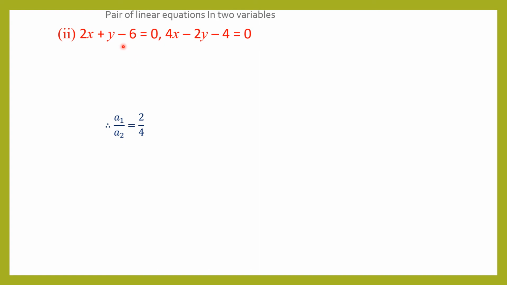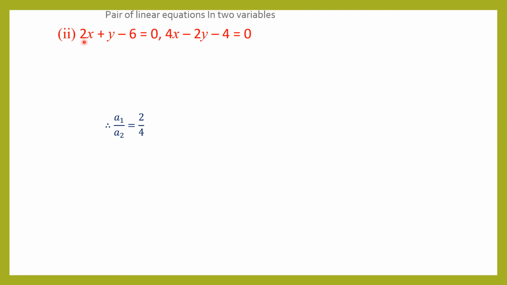Second question: 2x plus y minus 6 equals 0 and 4x minus 2y minus 4 equals 0. That is the given question. Now we have to write the solution part. Given equations are 2x plus y minus 6 equals 0 and 4x minus 2y minus 4 equals 0.